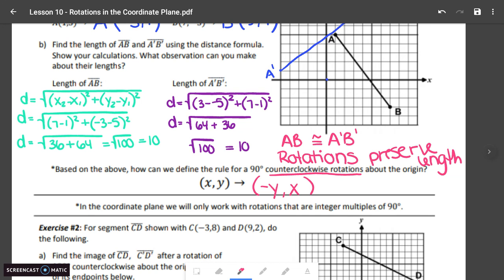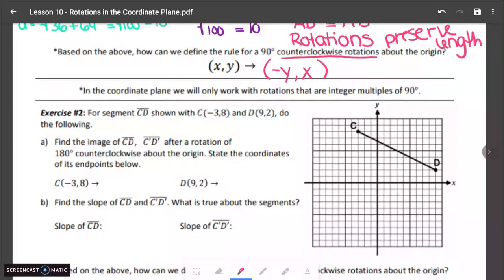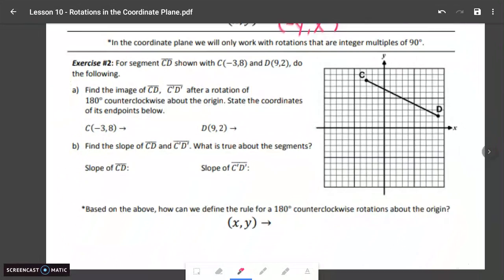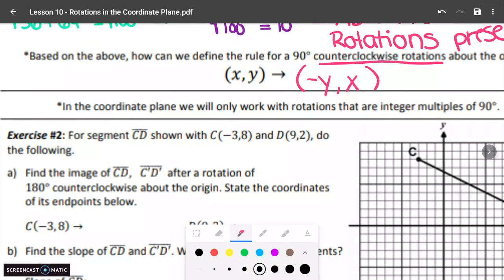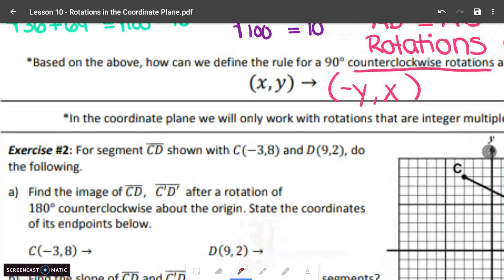So that would just bring it right back to the beginning again, the same as not rotating at all. So in this case, I want you to think about something. If we start with (x, y) and I rotate 90 degrees, we would have gotten (-y, x).